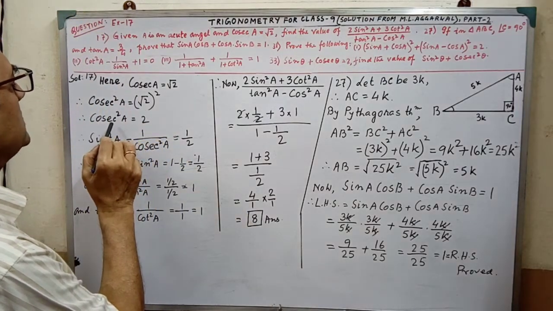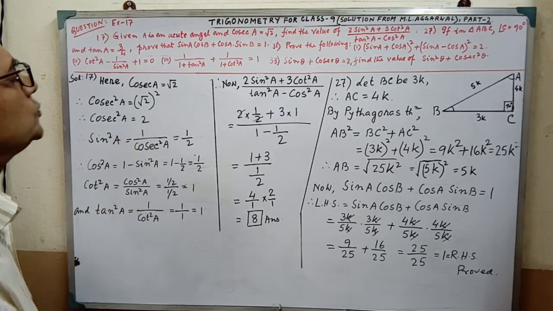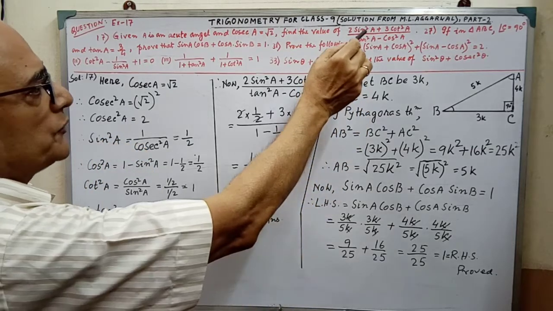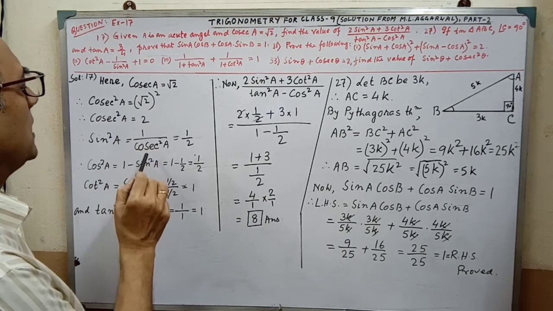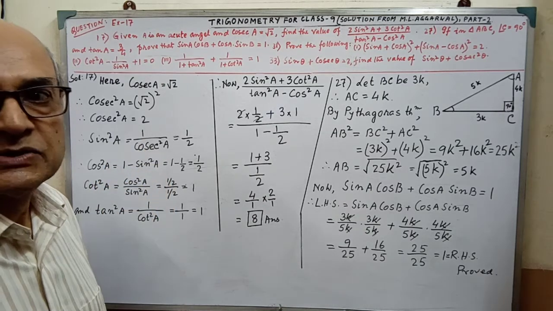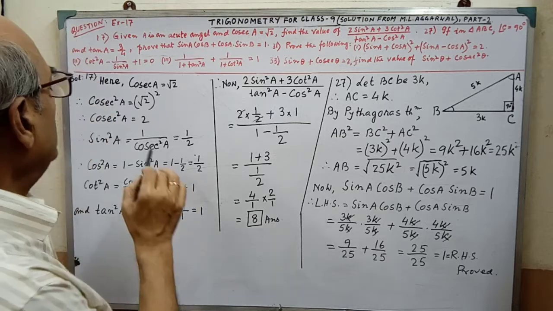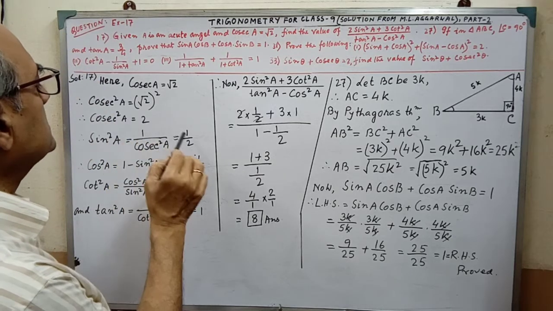After simplifying, cosec square A equals 2. Then we have to find sine square A. Sine square A equals 1 by cosec square A, from the formula. The value of cosec square A is 2, so after putting it, sine square A is coming half. Then cos square A equals 1 minus sine square A, from the formula.